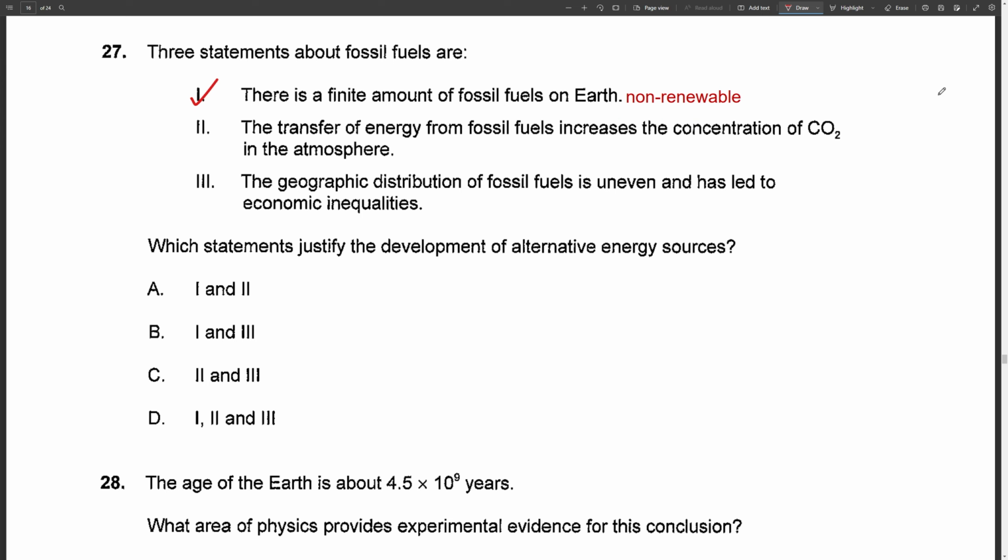It would turn some oxygen gas into carbon dioxide, and therefore it is releasing a lot of greenhouse gases. Statement 2 is correct as well. For statement 3, it's also true. The distribution of fossil fuel is definitely not going to be completely even and fair to all countries. Those countries having their hands on more fossil fuels have more bargaining power. Therefore, we choose D here.